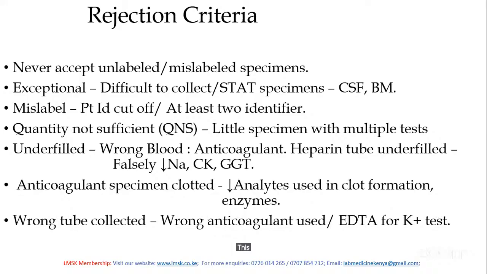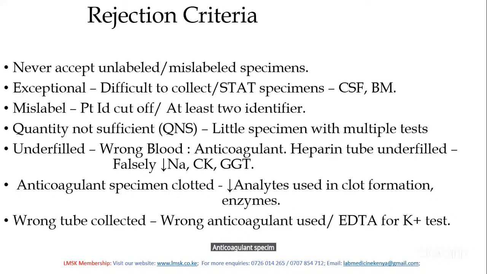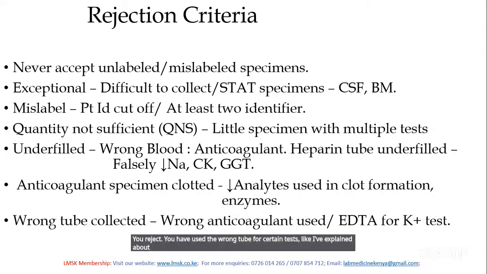This will interfere with the results, as I said earlier, hemolysis or clotting. Anticoagulant specimen clotted: it is an anticoagulant specimen but has clotted. You reject. You have used the wrong tube for certain tests, like I've explained about EDTA and electrolytes. You reject.